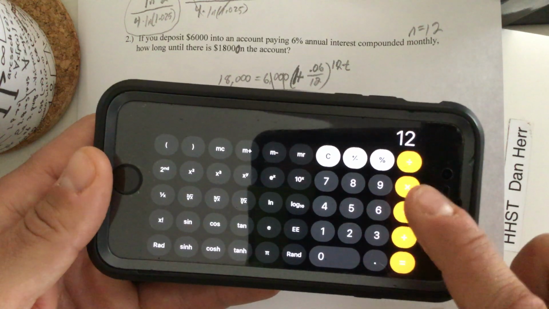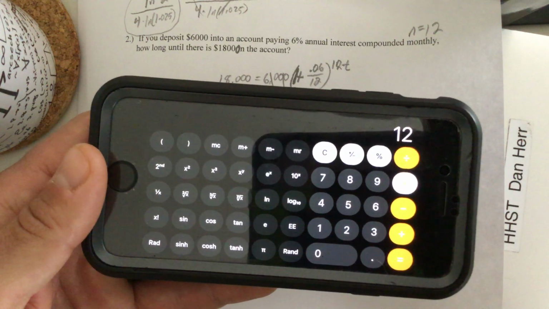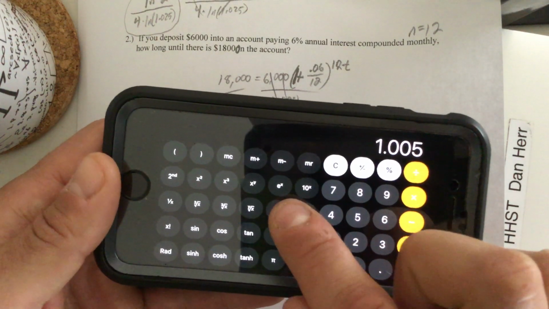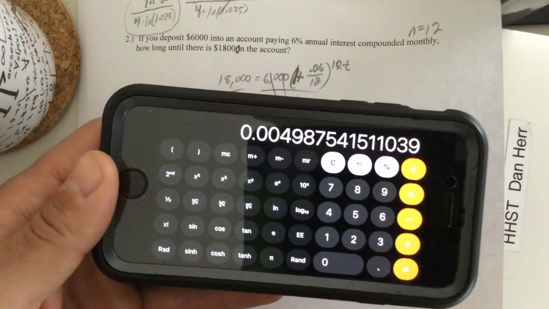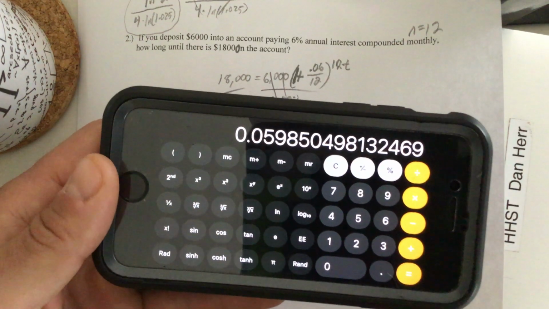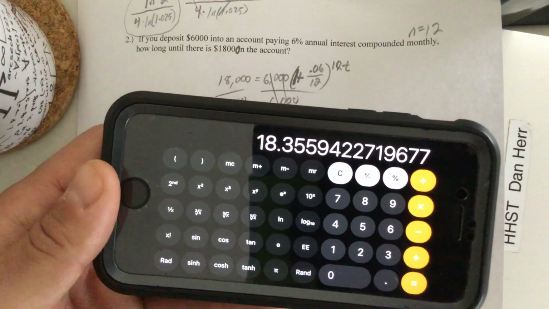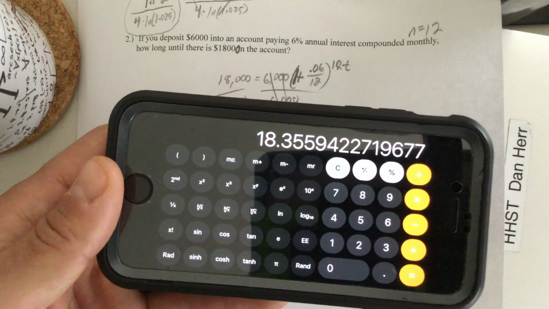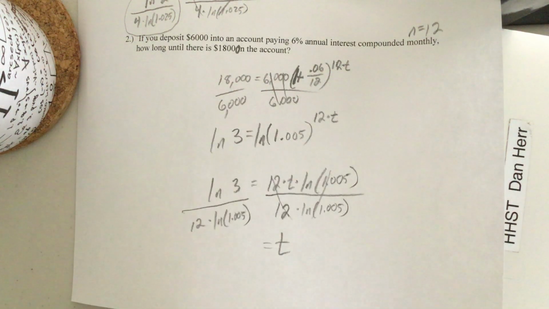Parentheses 12 times, and then it was the natural log of 1.005. Type that in, press the natural log, close our parentheses, and then hit equals. That tells us it's going to take about 18 years to triple our money.